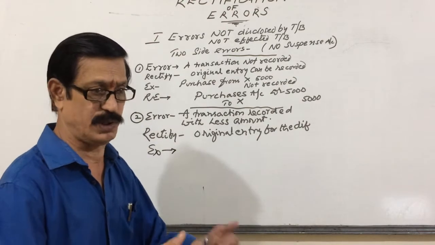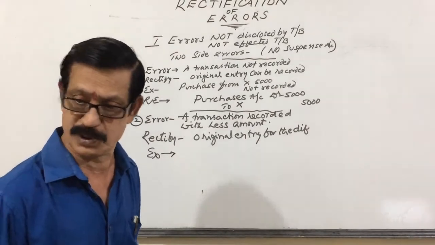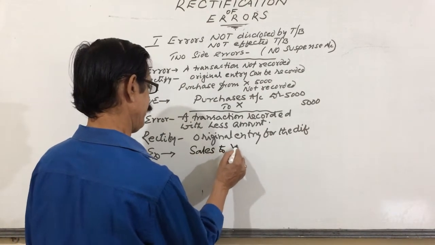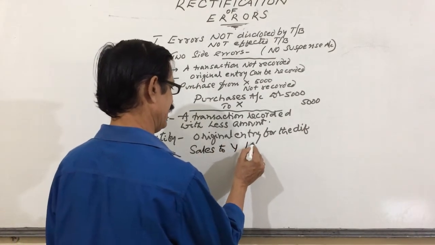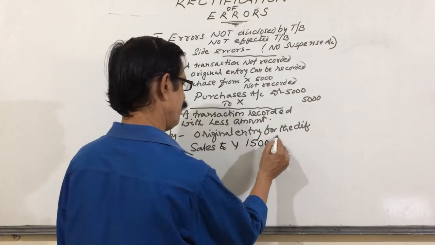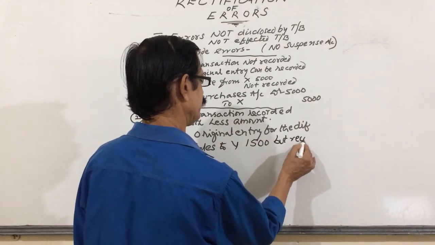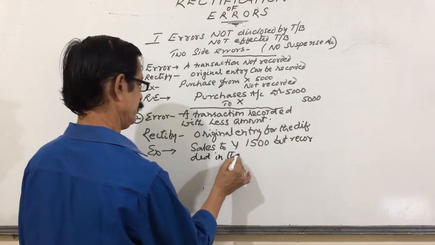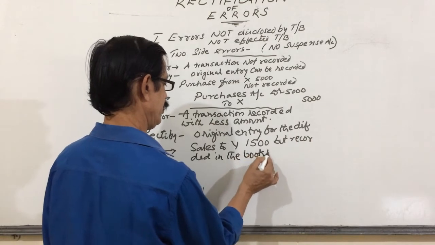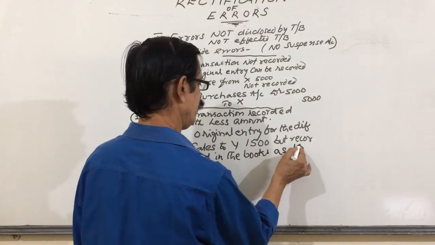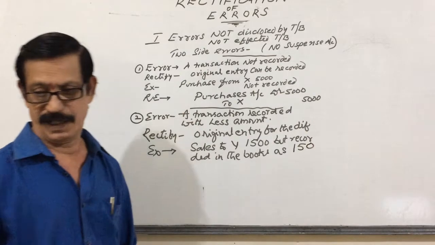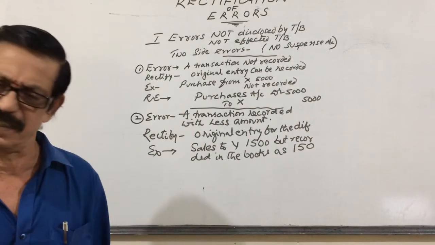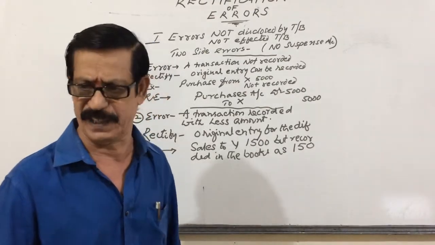Suppose we sold goods to Y, sales to Y, 1,500, but recorded in the books as 150. Well, dear students, what is the first one? We never recorded the entry, so you can record the same entry, and that only rectifies.